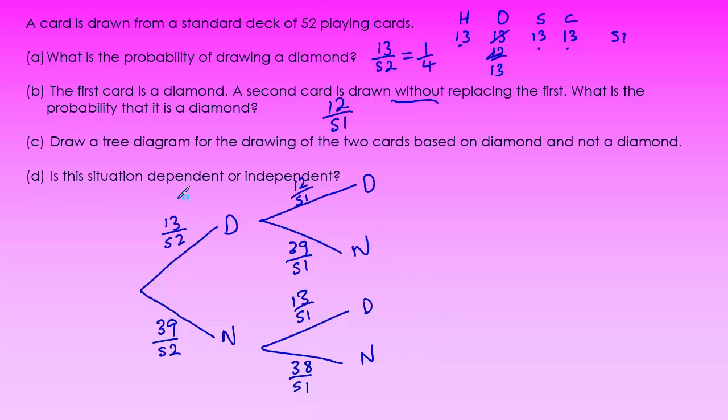Is the situation dependent or independent? Well, it's dependent because we can see the probabilities change based on what's happened before. So originally 13 out of 52, and it's changed here, and also the probability of getting a diamond is different here. So the probabilities are dependent on what has gone before.